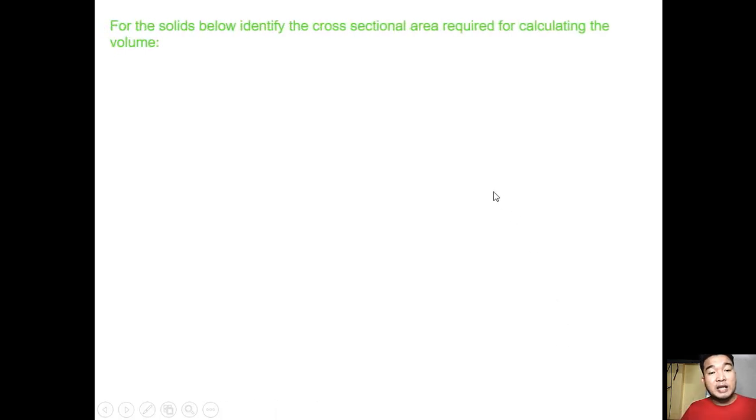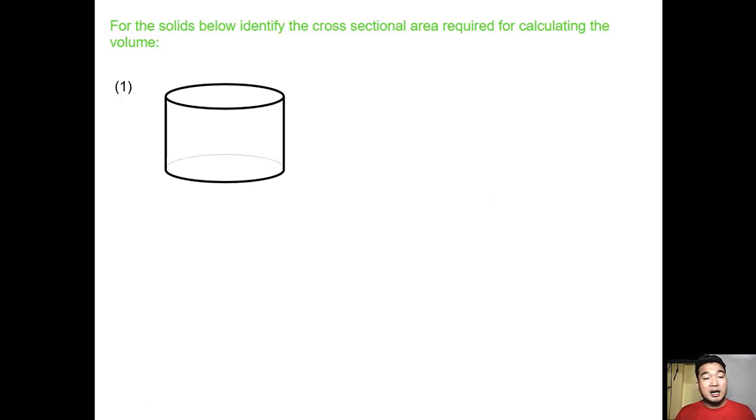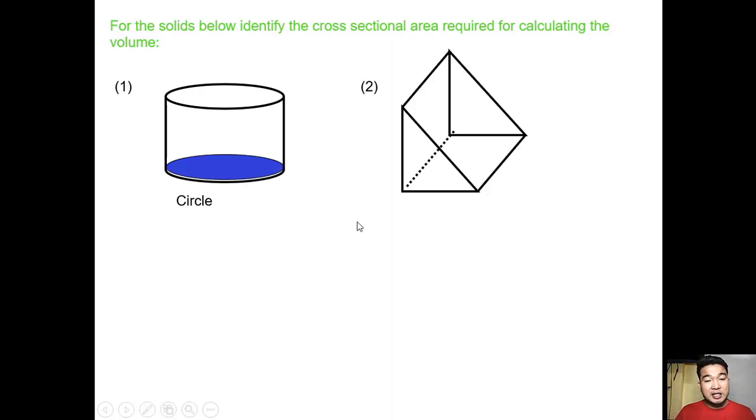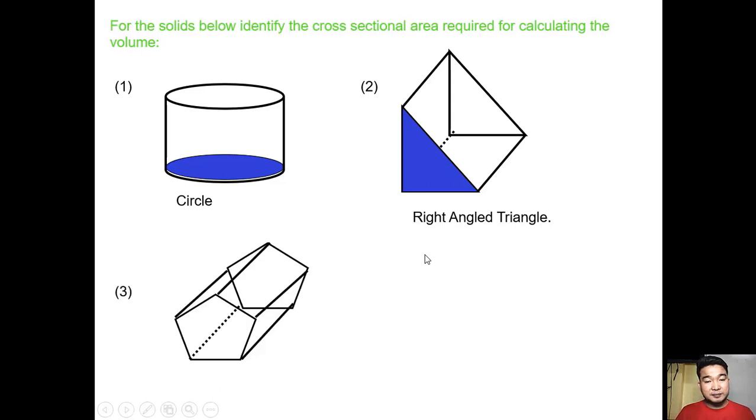For the solids below, identify the cross-sectional area required for calculating the volume. Okay, so this is a cylinder, so, of course, a cylinder with a circle base. And this is an example of a triangular prism, a right angle triangle.